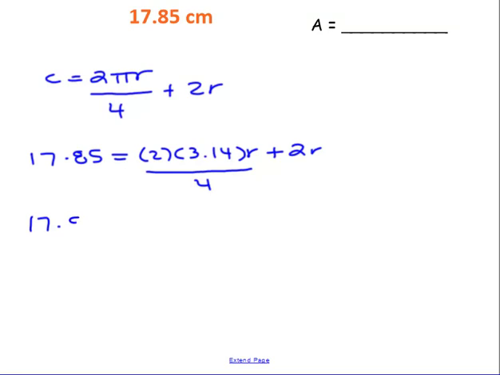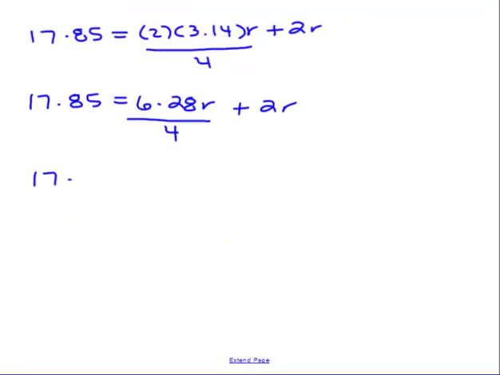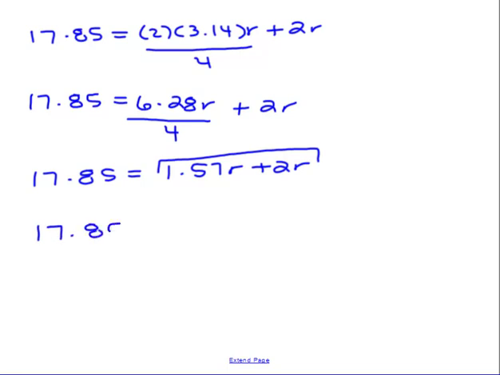So 17.85 equals 2 times 3.14 is 6.28r over 4 plus 2r. 17.85 equals 6.28 divided by 4 is 1.57r plus 2r. I'm going to combine these like terms here. 17.85 equals 3.57r.